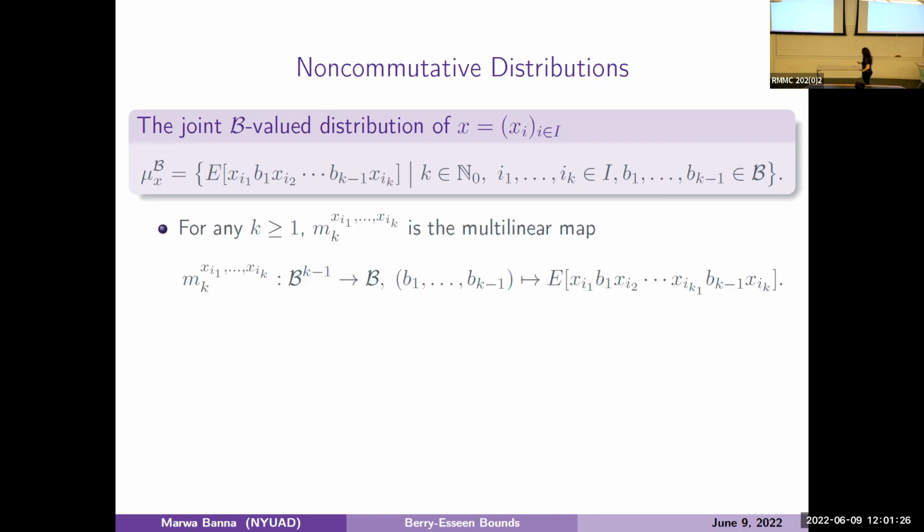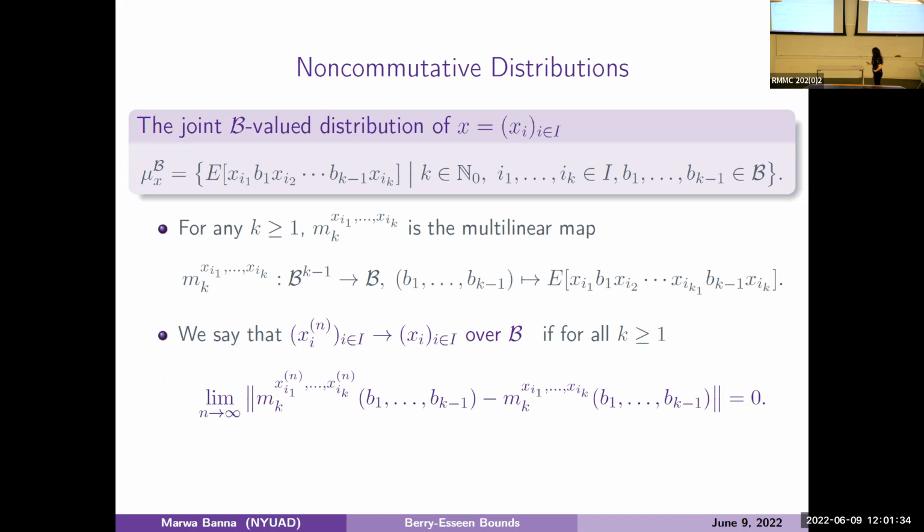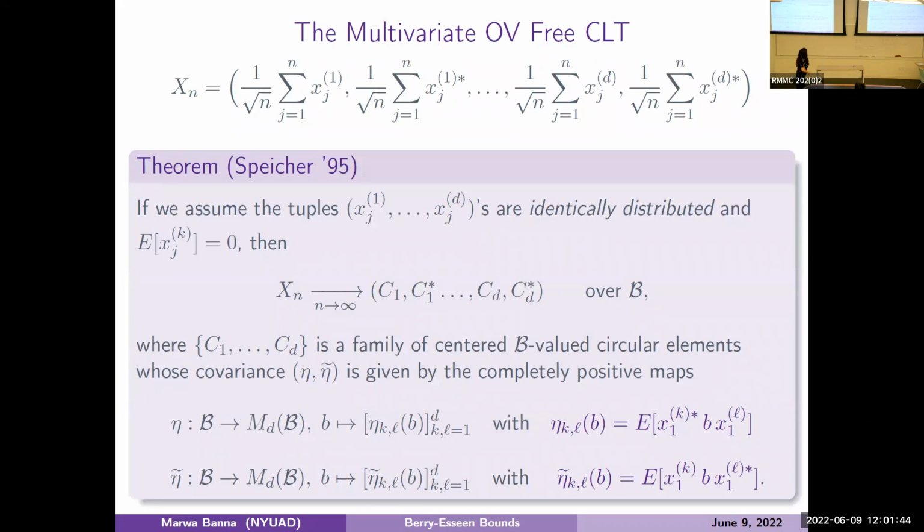And now we have to modify our moment function map. Again, we say that this converges in distribution over B if we can prove that all moments converge in B. So it's similar to before. In this case, the central limit theorem was proven by Speicher, who, under the assumption that they are identically distributed and centered, proved that Xn converges to this family of circular elements over B, a family of B-valued centered circular elements.